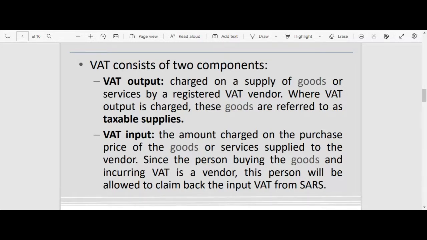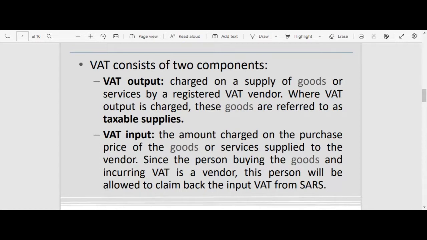Now, exempt supplies, ladies and gentlemen, and this is important to note, are supplies that are not subject to value added tax, right? So whoever performs that service or provides those goods is not allowed to raise any output VAT on that specific supply. This is in the case of an exempt supply.